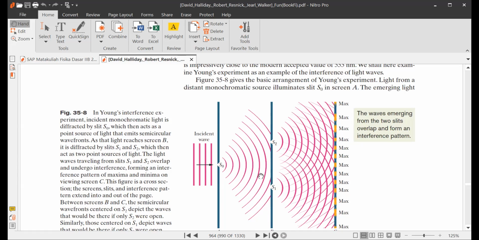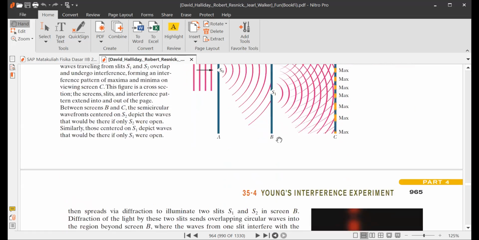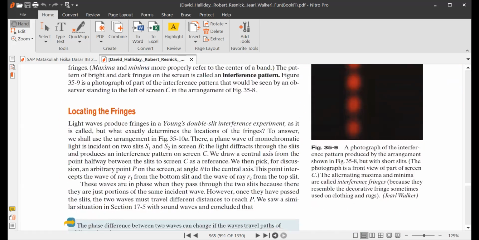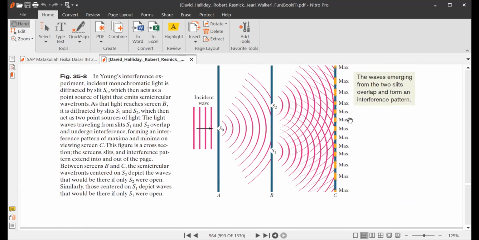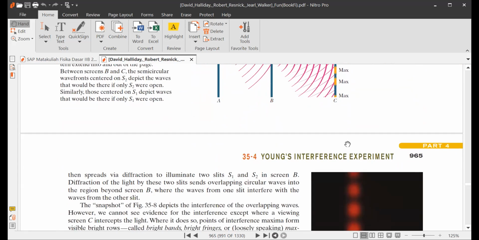We omit the width of these slits; we only consider the distance between two slits for interference. So we will get something like this: maximum, which means bright, dark, bright, dark.